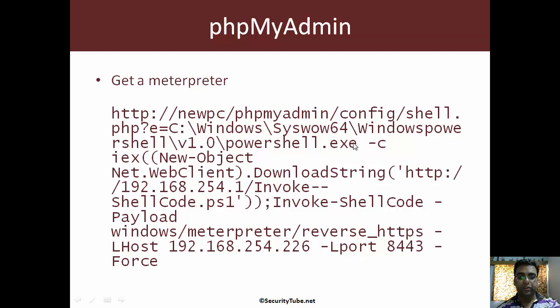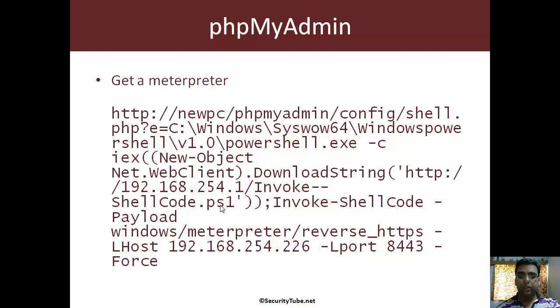So we launch an instance of 32-bit PowerShell and pass to it as a command our frequently used one-liner PowerShell download and execute. And what is the script we are using? It is the Invoke-Shellcode from PowerSploit.